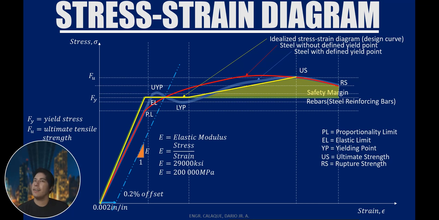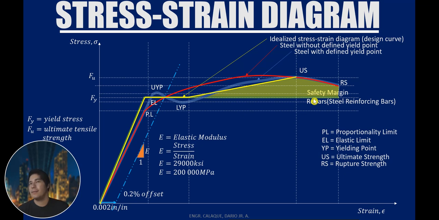No? Like, bale, in-assume natin na yung kaya lang ng bakal natin is hanggang Fy, but we know that the actual behavior of our steel as in ultimate strength. No? But we are only allowed to use Fy. That is according to the National Structural Code of the Philippines. So, meaning, meron tayong safety margin. Like, for possible na, di ba?